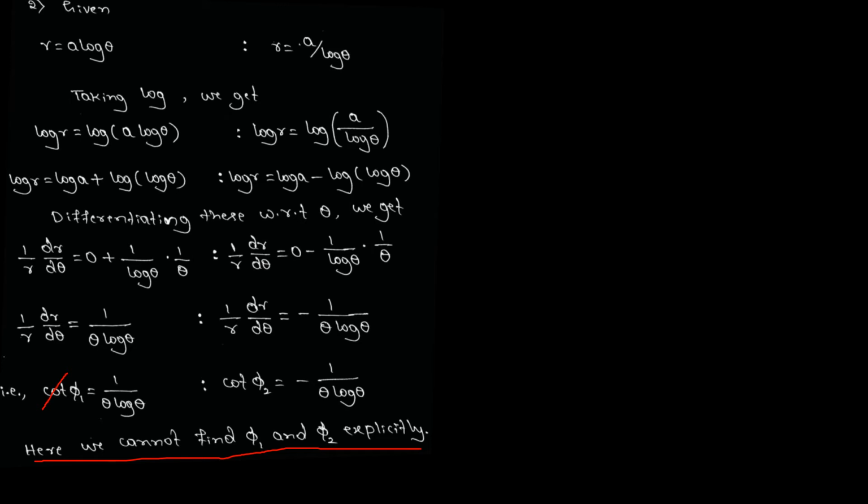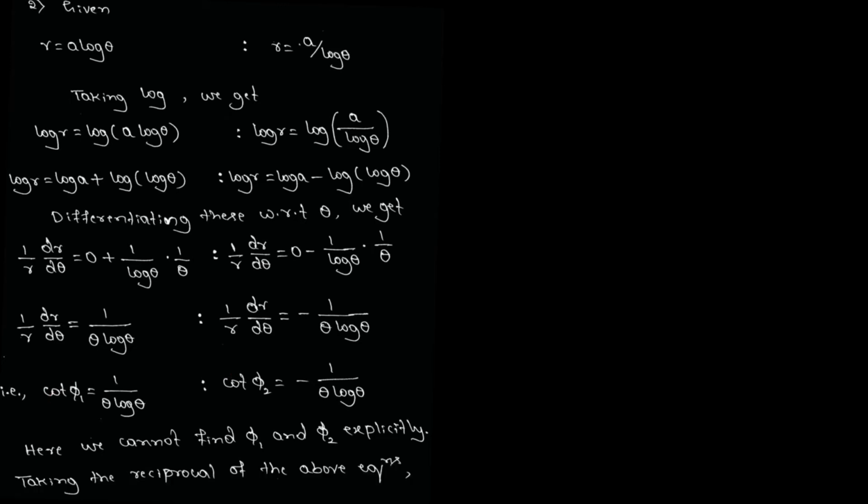The same thing happens here. So we cannot find phi 1 and phi 2 explicitly at this stage.